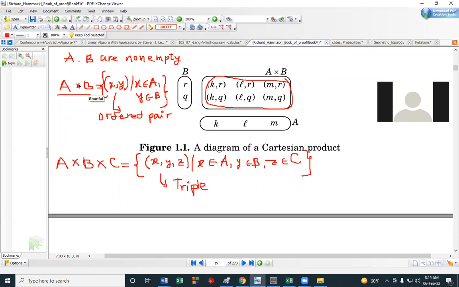And one good example for the Cartesian product of two sets, you can actually take the Cartesian product of a set with itself.